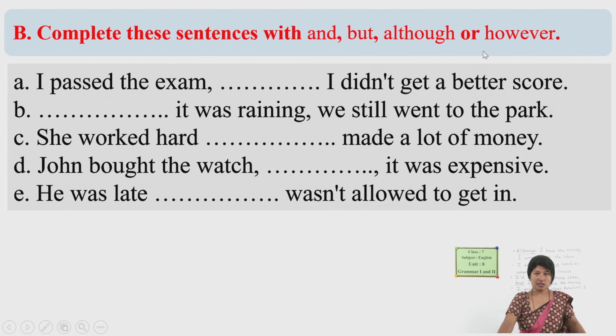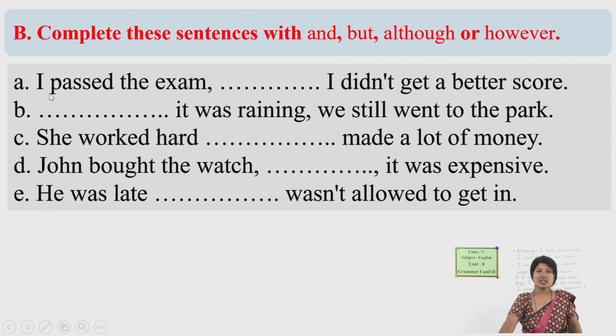Though we have already discussed these connectives before in the examples on the board, and even with the text, now we have to use these connectives in the blanks given over here. Are you ready, all of you? I hope you are ready. Okay, let's go through it.